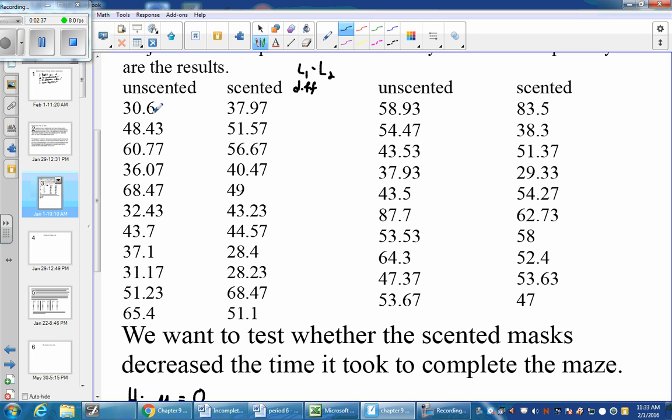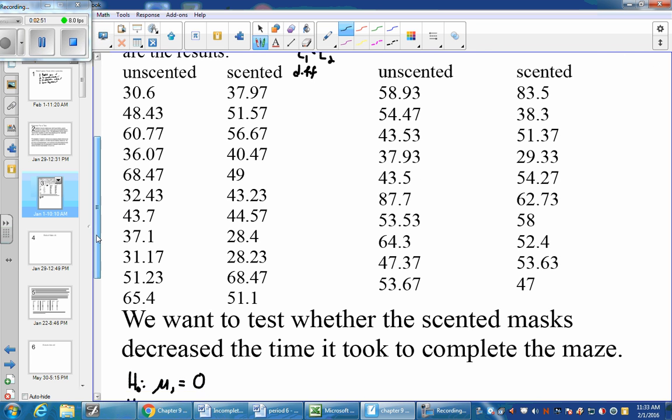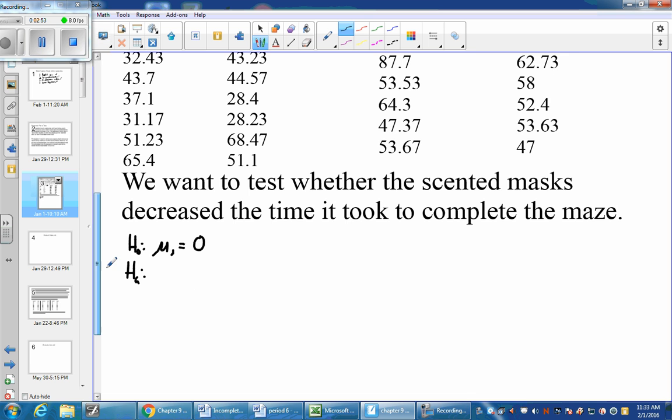Because a positive number would mean that the unscented is bigger than the scented, and so that means there's a decrease in time for the scented. So if I do L1 minus L2, then the mean difference is greater than 0.